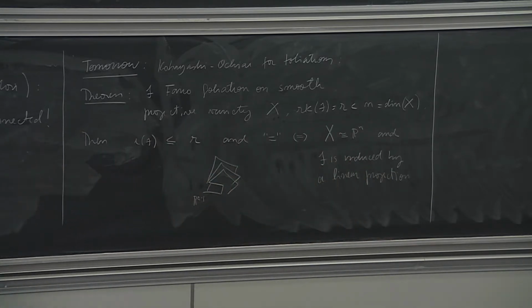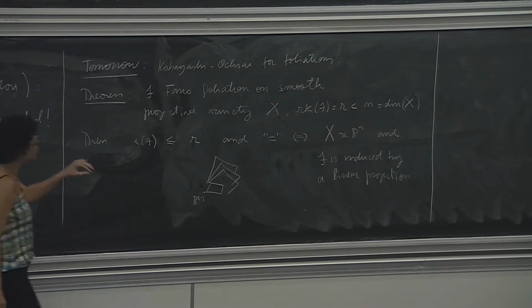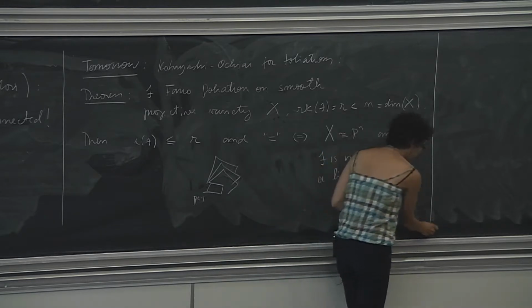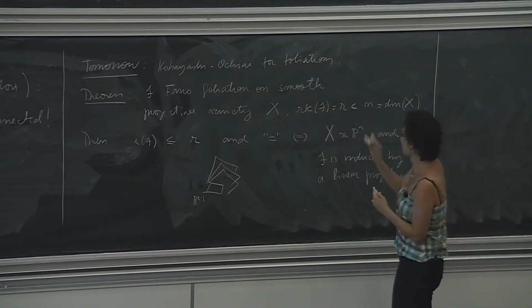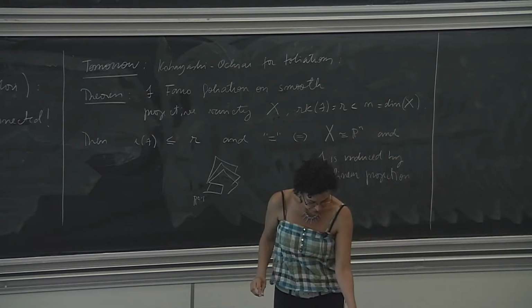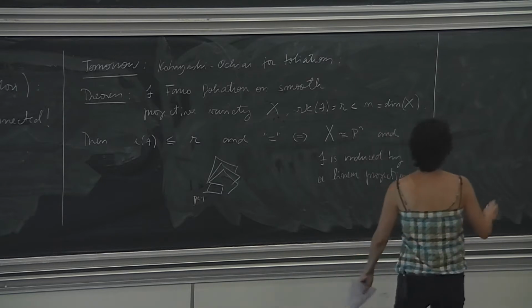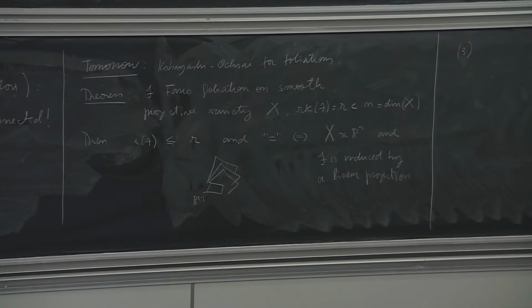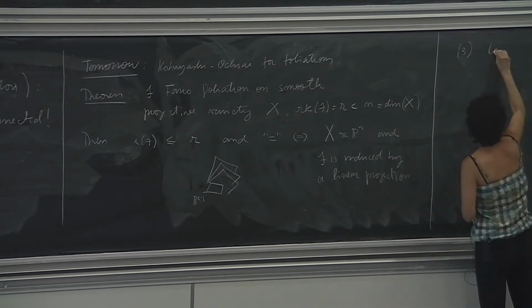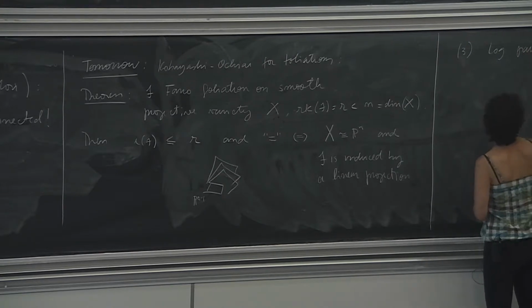So some of the tools are the ones that I introduced yesterday, the MMP. We're going to run MMP in some context here, and now I will move on to introduce some other tools that we need. Okay, so this was for Fano manifolds and Kobayashi-Ochiai for foliations. And now I need to introduce some notion that has already appeared in some of the talks, which is the notion of a log pair.